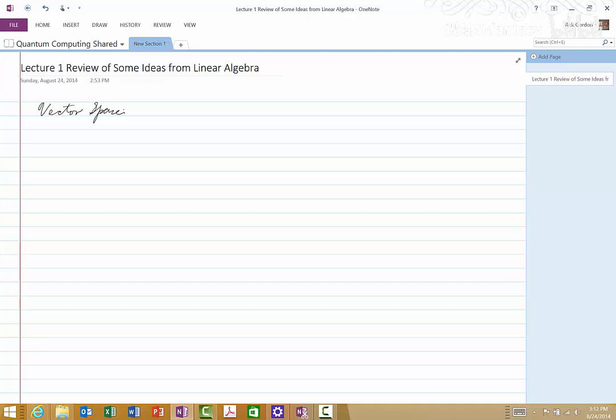But for now, we can think of vectors as being just arrows, as you have in the past, arrows that have a direction and a magnitude, and we'll consider all the vectors that we study to be based at the origin. So a vector space is just a collection of vectors that satisfies certain mathematical properties.